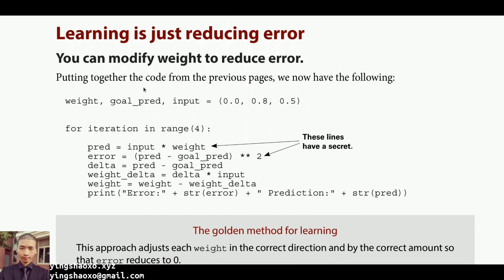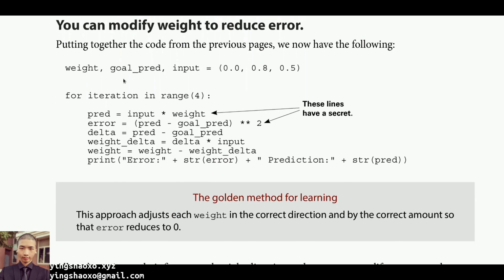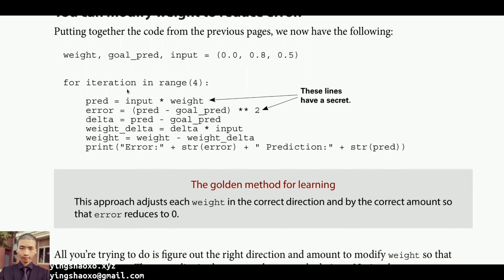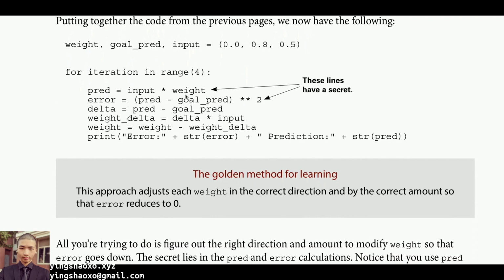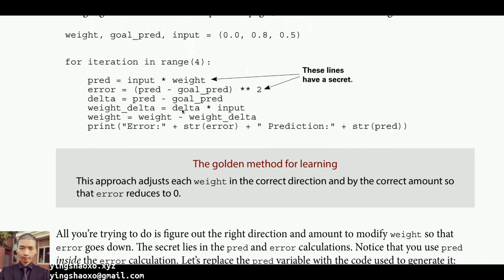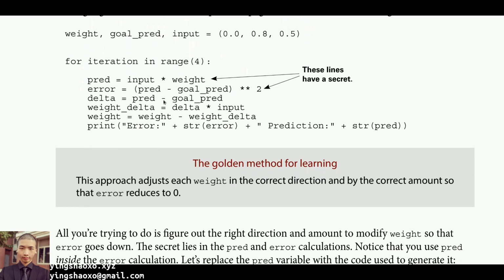Putting together the code from the previous pages, we now have the following. The weight, the goal prediction, the input. For iteration in range, prediction equal to input times the weight, the error equal to the prediction minus the goal prediction squared. The delta equal to prediction minus goal prediction.